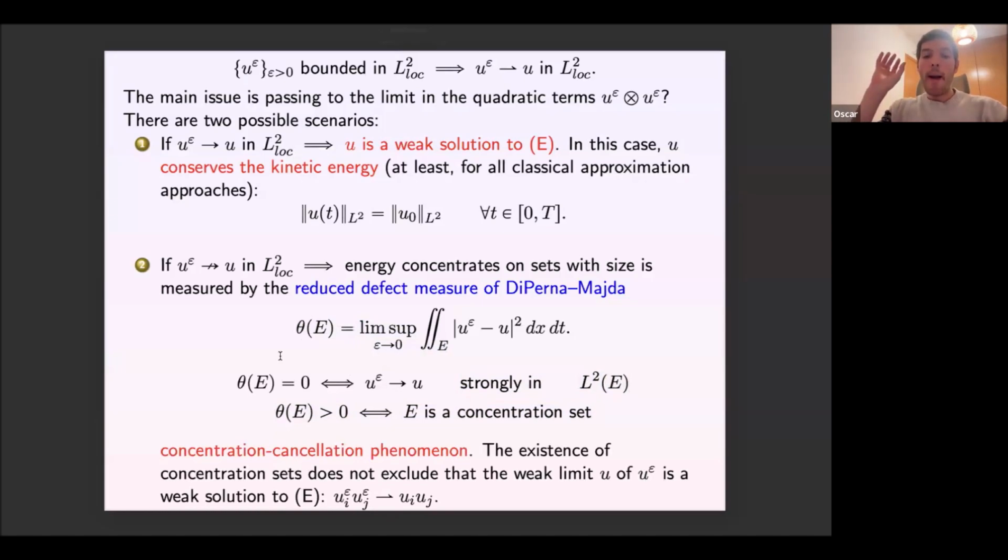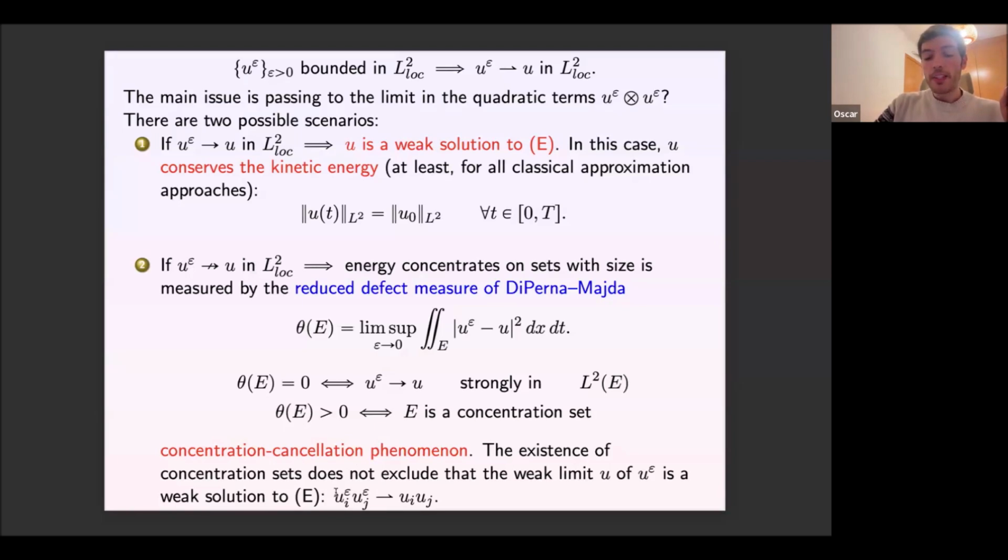And now, a very interesting phenomenon may happen in this second scenario, the so-called concentration-cancellation phenomenon due to DiPerna and Majda. Let me explain this in more detail. The fact that U epsilon does not converge strongly to U in L2 does not imply that U may not still be a weak solution to the Euler equations.